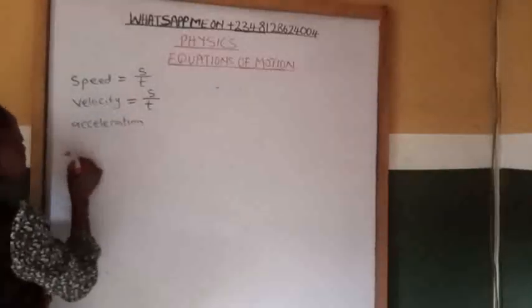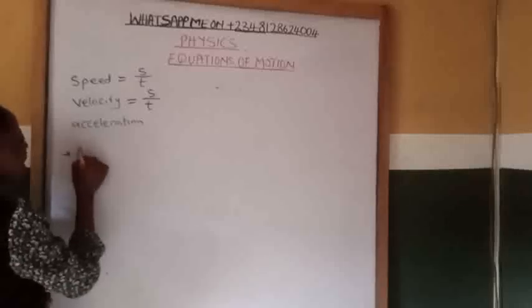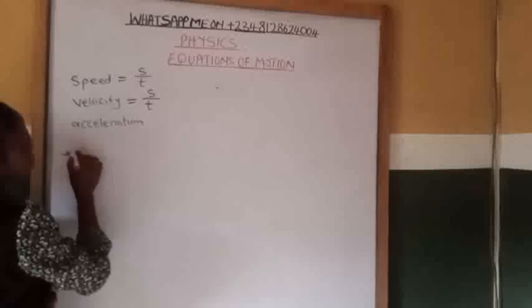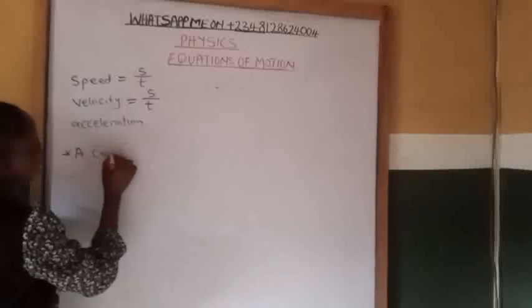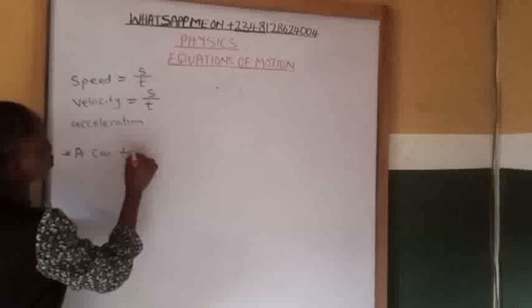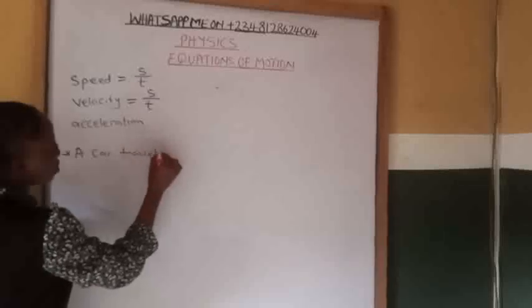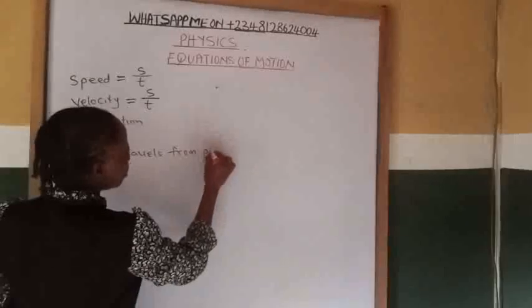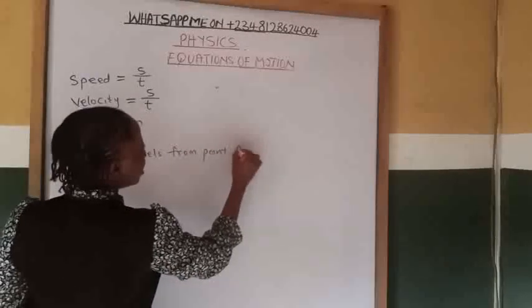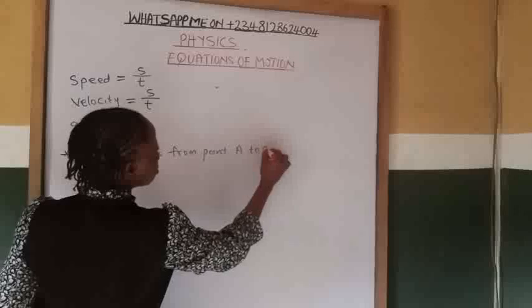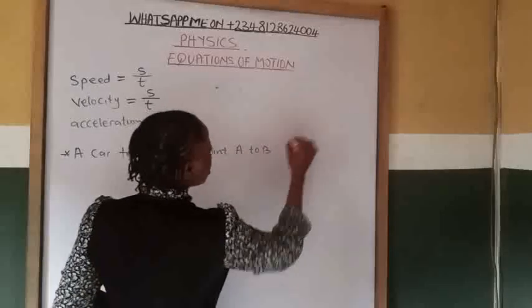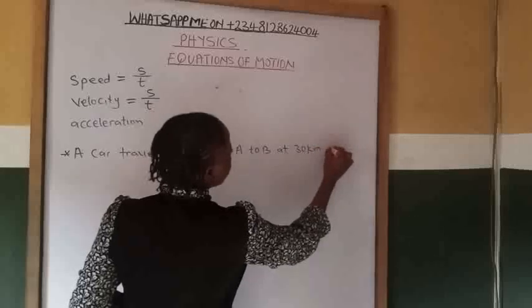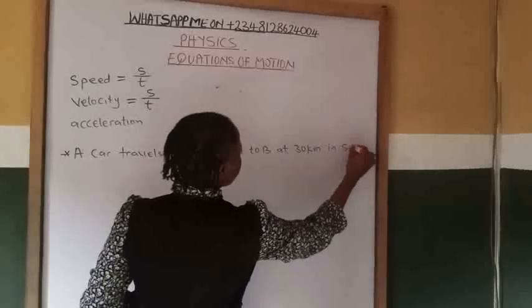Let's take the first statement. For example, a car travels from point A to B at 30 kilometers in 5 seconds.